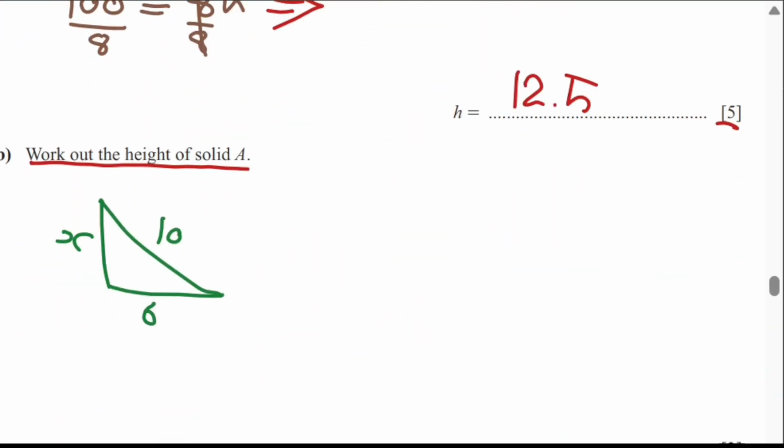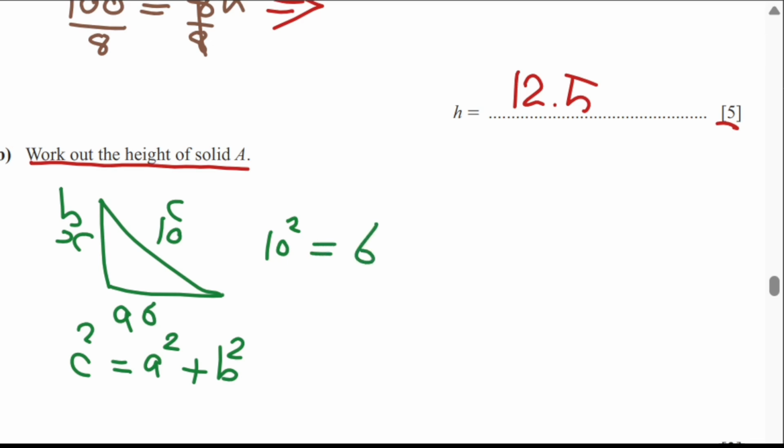Let's use Pythagoras. 10 squared, which is c. Just to remind you, c squared is equal to a squared plus b squared. So 10 squared is equal to 6 squared plus x squared. 10 squared is 100, equals 6 squared, which is 36, plus x squared.